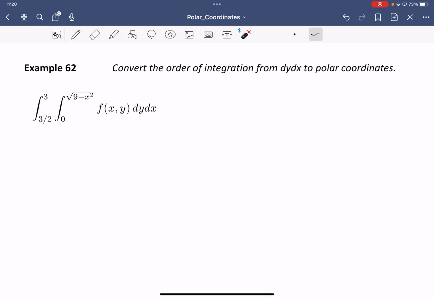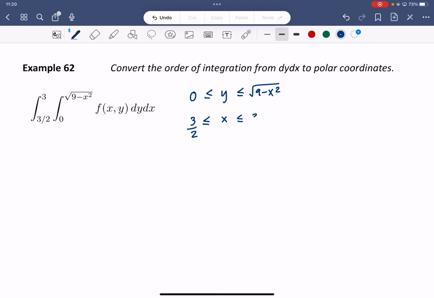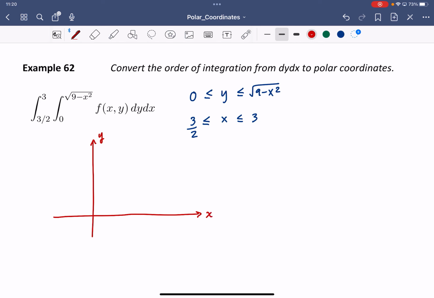So everyone, you need to draw the picture where y is between 0 and square root of 9 minus x squared, and x is between 3/2 and 3. So what is the picture here? So first of all, draw y, x.